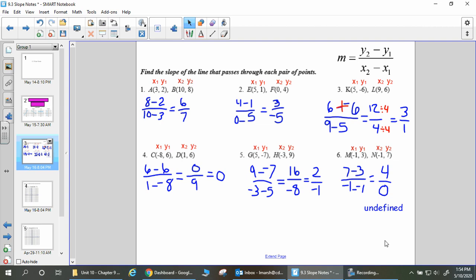That's saying, hey, I know that the slope is undefined. It means I have a line that's going straight up and down. And it makes the slope of this different from, say, the slope over here on number 4. So that's giving us the difference between what happens when 0 is on the top of a fraction and what happens when 0 is on the bottom of the fraction.